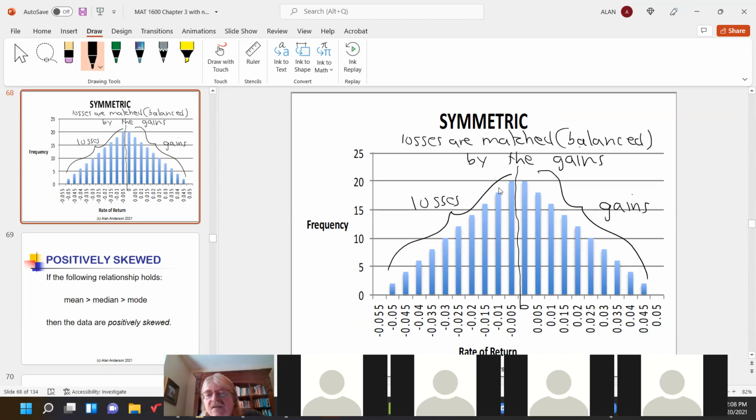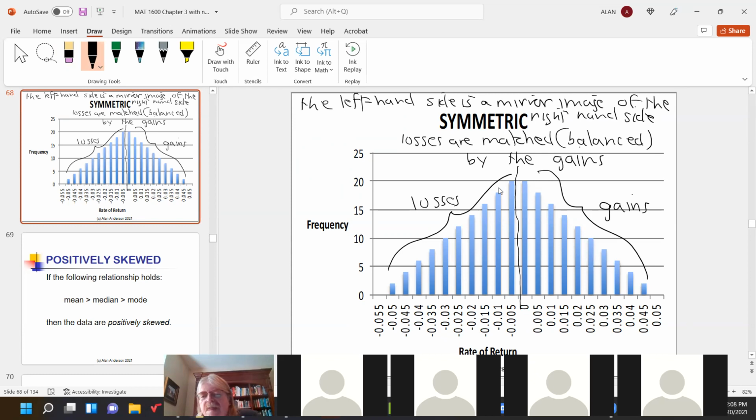Or you can think of it as the left-hand side is a mirror image of the right-hand side. This is what symmetry means. It's the same on either side. There's a balance.